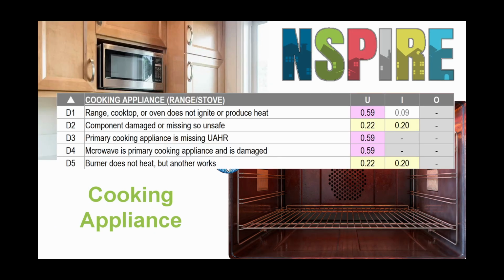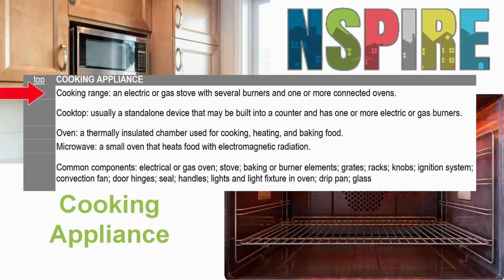The new standard defines the cooking appliance as follows. Cooking range, an electric or gas stove with several burners and one or more connected ovens. Cooktop, usually a standalone device that may be built into a counter and has one or more electric or gas burners. Oven, a thermally insulated chamber used for cooking, heating, and baking food.